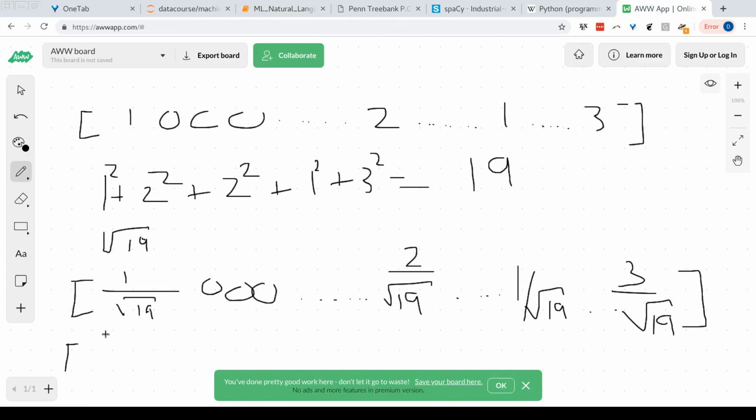Here we take 1 over square root of 19 and multiply by this word's IDF score. Each word is going to have a different IDF score. So 2 over square root of 19 times whatever this column is, times its IDF score. Let's call it column 500, and so forth.